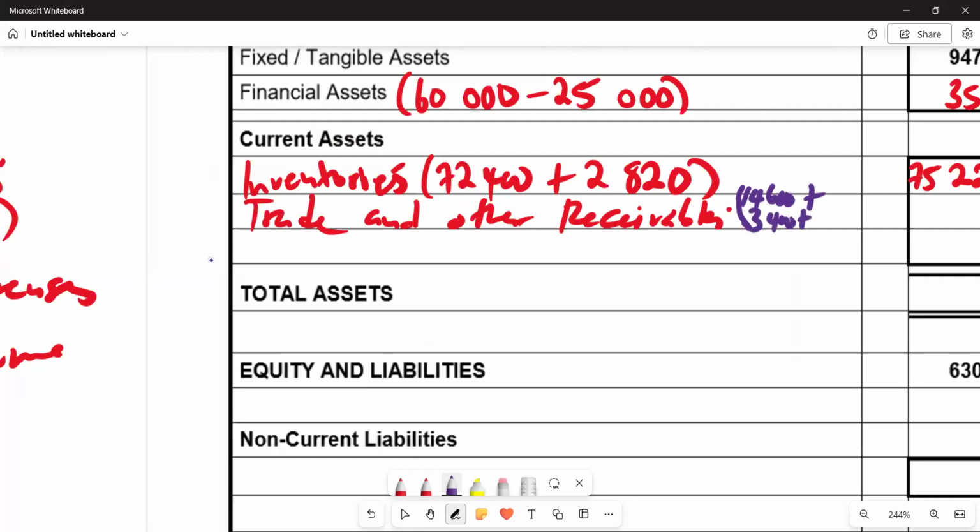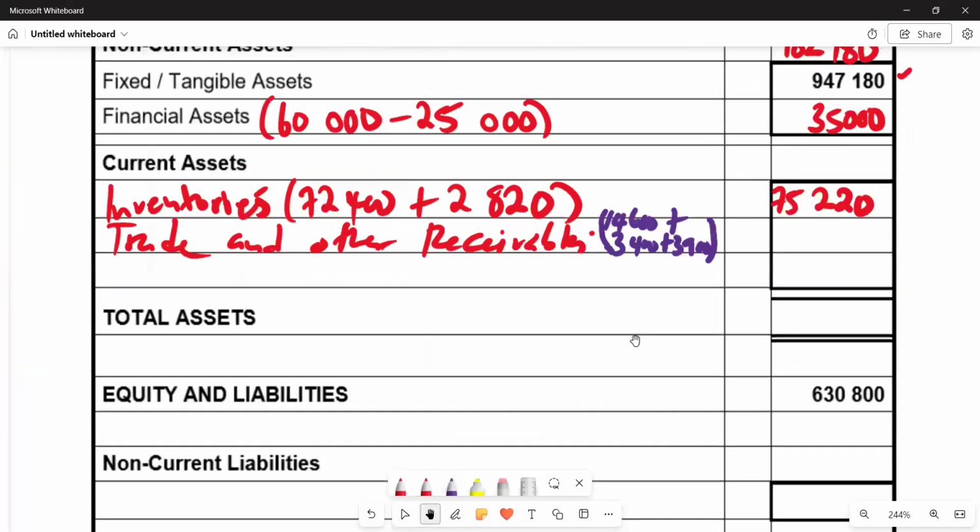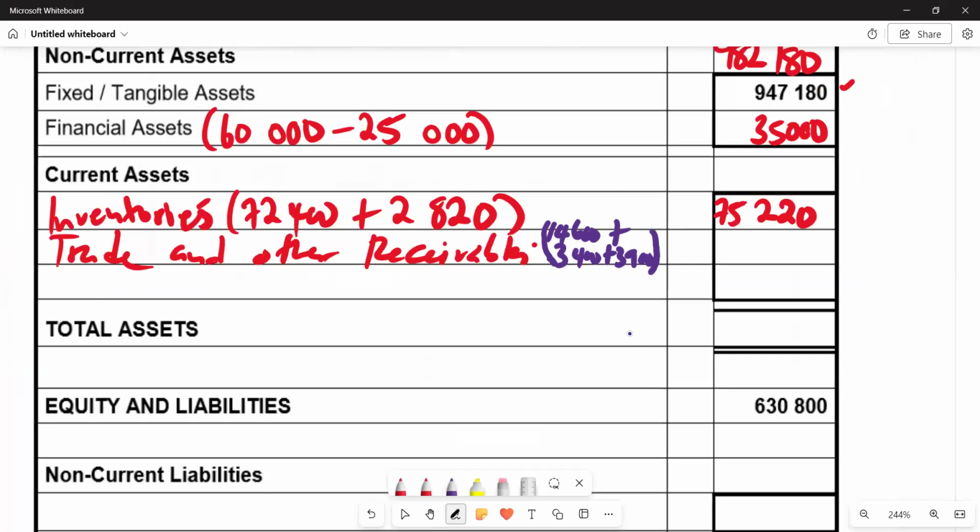And then lastly, we add our 3,900. We add the three, then we get our total. The total now becomes 22,100.